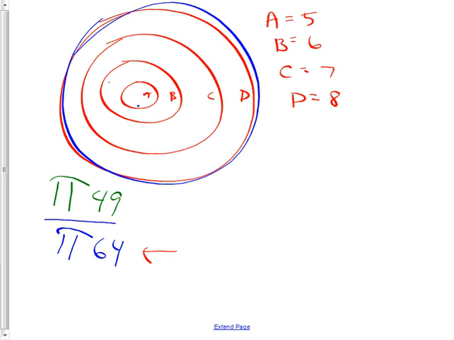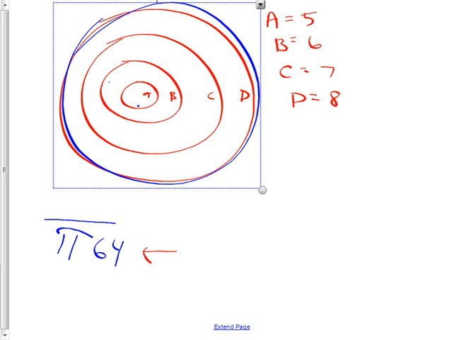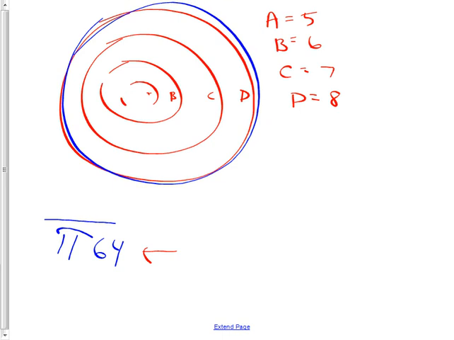What if they said, probability of hitting inside the A and B circle? Now, that makes it sound complicated, but if you think about it, if you're hitting inside the A and the B circle, then what are you really hitting inside? A. Because is A and B a big answer or a small answer?